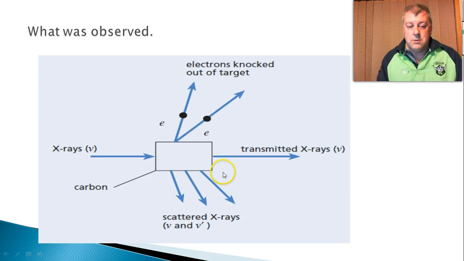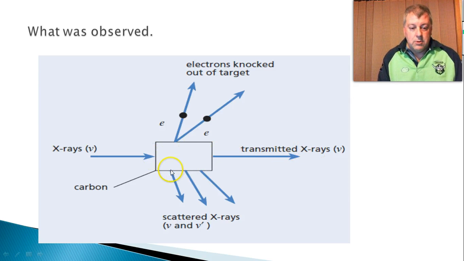He did experiments, and his experiment was he had a block of graphite and he fired X-rays into the block of graphite, and he looked at what was coming out. Some X-rays would go straight through and nothing would change.